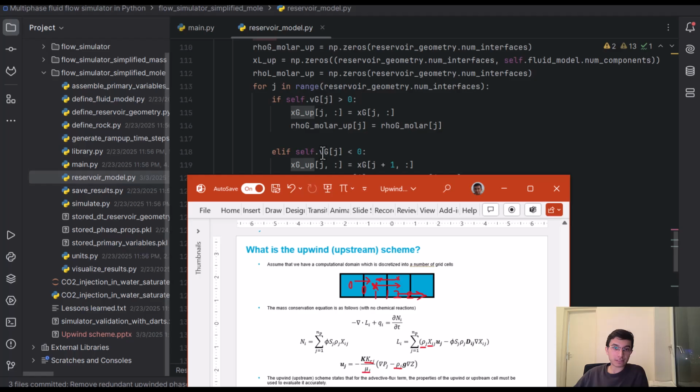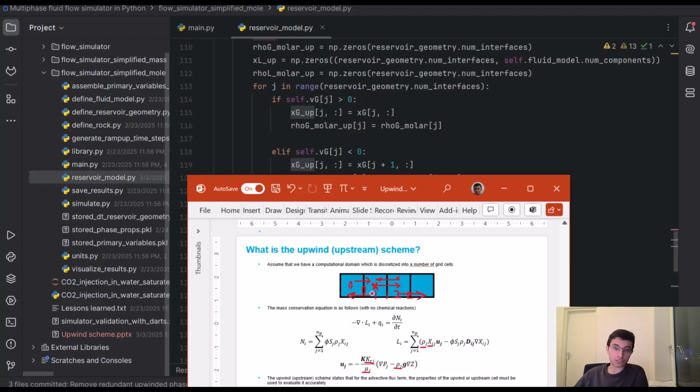If the velocity of the gaseous phase is negative, which means that the fluid is moving in this direction, we should actually use the properties of the next cell, which is J plus 1, 0 plus 1, which is equal to 1.